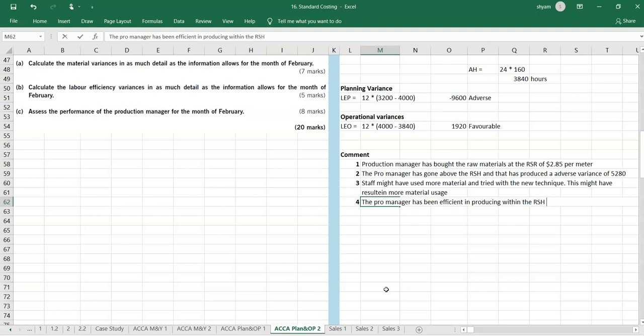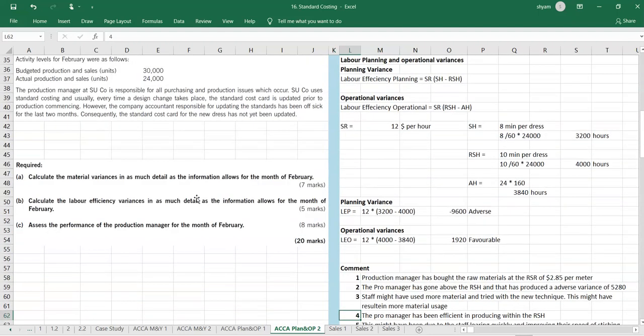This might have been due to the staff learning quickly and improving their speed of stitching. So we got 5 reasons here, and that's what I could pick out.